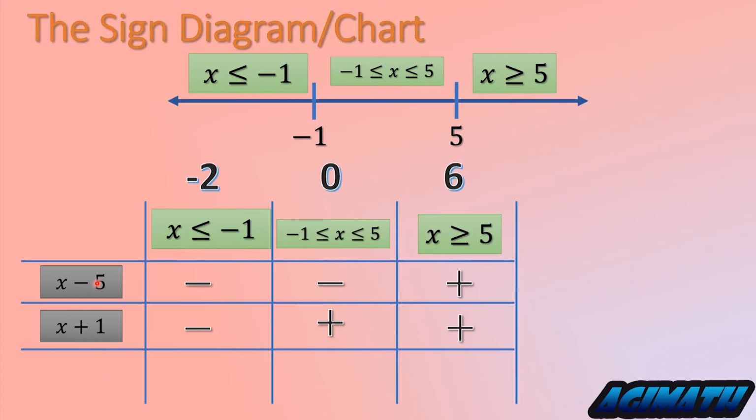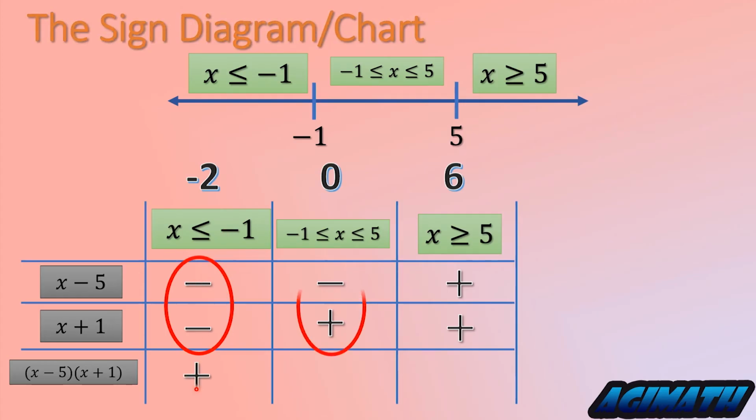Next thing we are going to do is to multiply the factors, because that is what we were doing earlier. So we can have x minus 5 times x plus 1. So we are going to multiply and determine the sign. And that's very simple because we already have the signs. What we're going to do is just multiply. What is negative times negative?